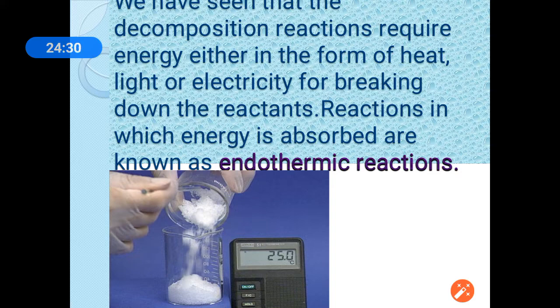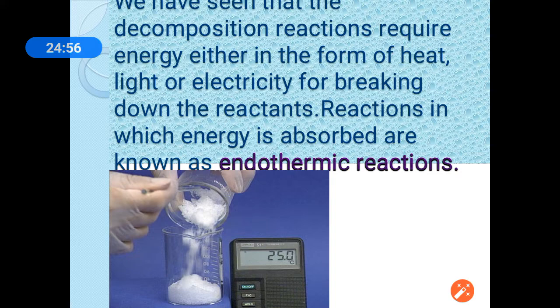Combination reaction means any two or more reactants combine to give a single product. Decomposition reaction is the reverse of that. That is, one reactant will decompose in the presence of heat energy, light energy, or electricity, and give two or more products.